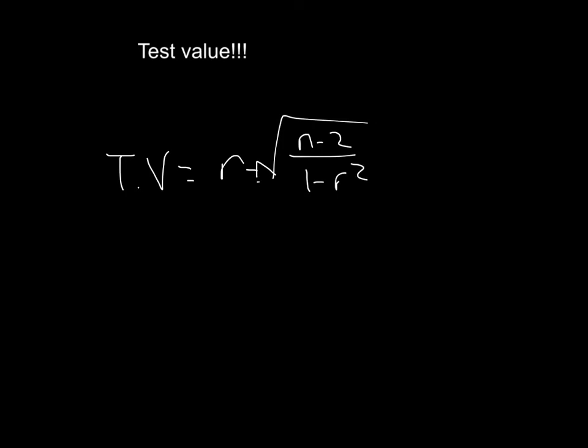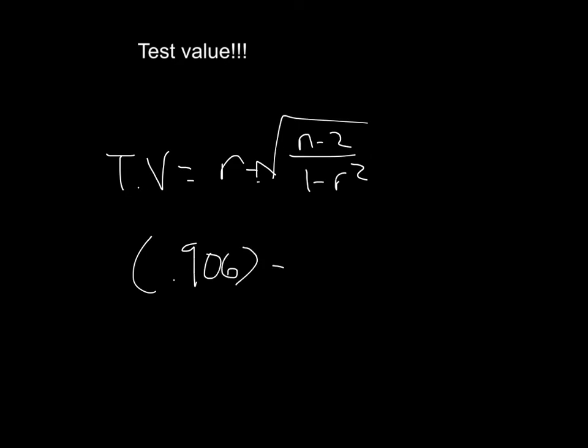Okay, the next thing you want to solve for is the test value. To find the test value in these types of problems, you're going to use the equation t equals r times the square root of n minus 2 over 1 minus r squared. In this case, we already solved for r. We figured out it was 0.906.